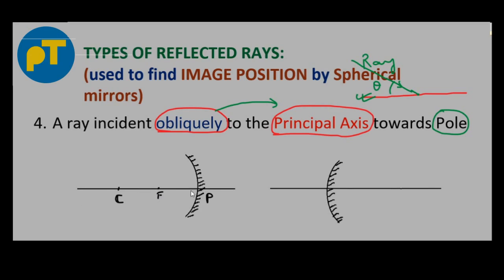Now at the pole, the principal axis itself is the normal, right? Okay, normal, this line. So similarly in the convex mirror we have the pole here, then the principal focus and the center of curvature. So this principal axis itself is the normal.